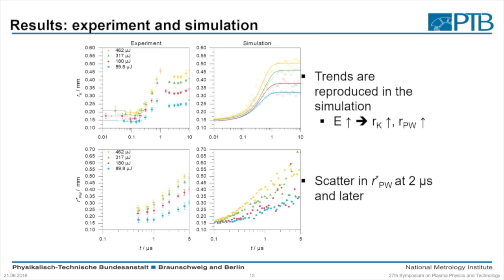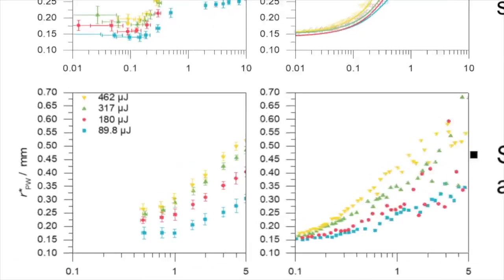And then we see more or less a constant radius for up to 10 microseconds. So heat conduction is quite slow, of course. We see the same with the pressure wave. Here it leaves the hot region, and then it moves more or less with the sound velocity of the unburned mixture through the system.